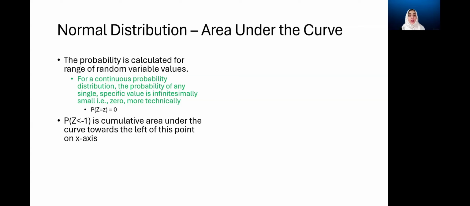Now, here you see Z. We have discussed this already: for the normal distribution, in order to avoid computing the complex mathematical function which defines the probability density function, we have already computed values in standard normal tables, which we are going to look at in this video also. For this, we need to convert our random variable into standard normal.